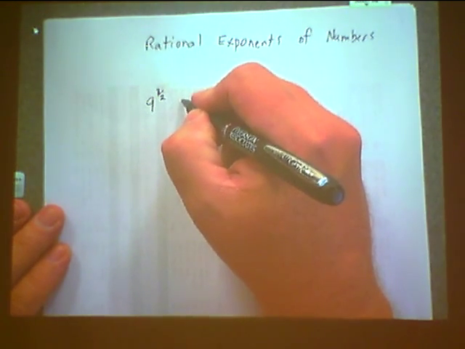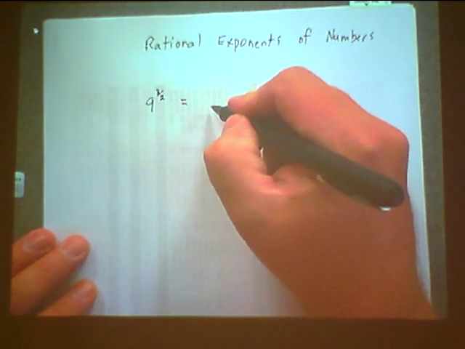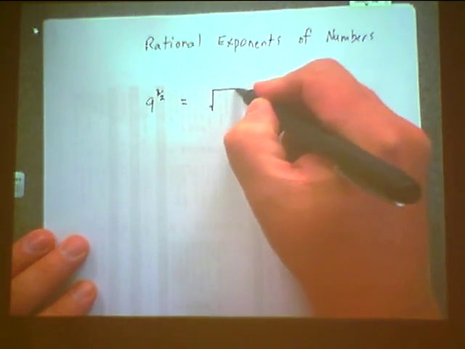What I'm going to do, and the easiest and best way to determine what this number is, is to convert this rational exponent into a radical. Most of the time, I have a much better feel for numbers and radicals than with rational exponents. So here's my radical.